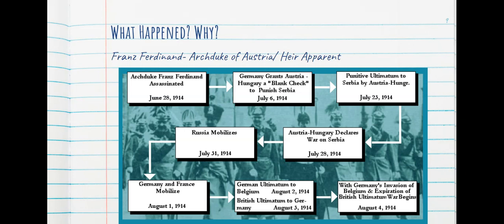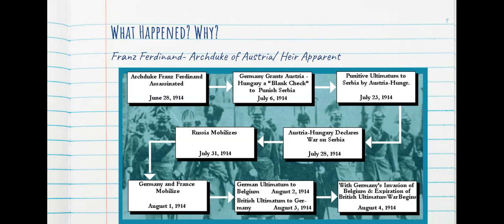There are three things that you need to know about the ultimatum. They asked Serbia to stop anti-Austro-Hungarian propaganda. They wanted to remove anti-Austro-Hungarian officials from the Serbian government. And the third one is the kicker that Serbia did not want to have happen.